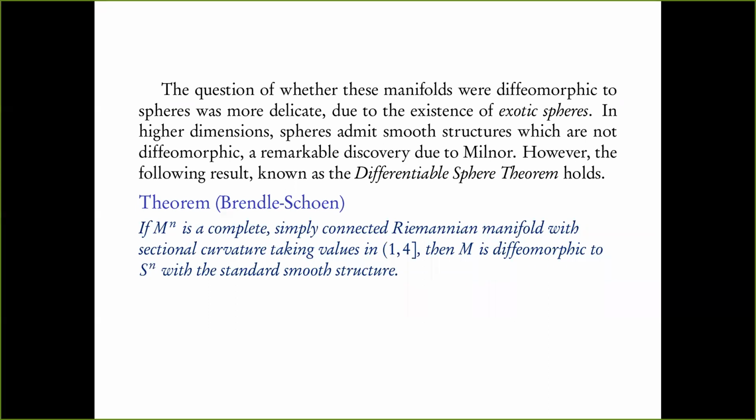So M is the standard Sn. You don't get any of these exotic Sns. That's the theorem. Again, as in the last statement, this is a beautiful theorem with a clean, beautiful statement, and it's a generalization of the basic sphere theorem. This was proved in 2007, which is recent in mathematical terms.